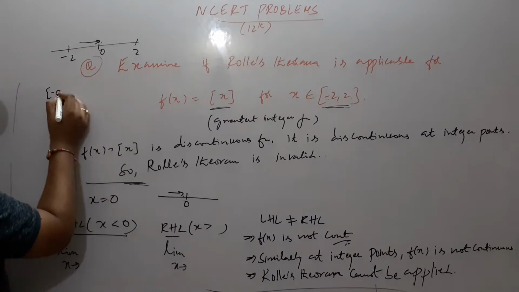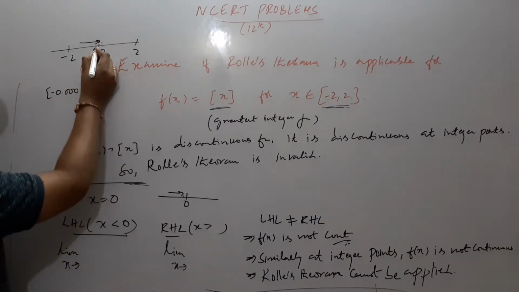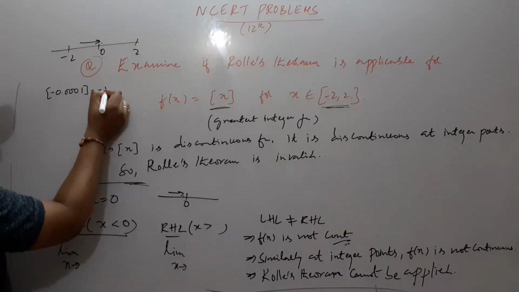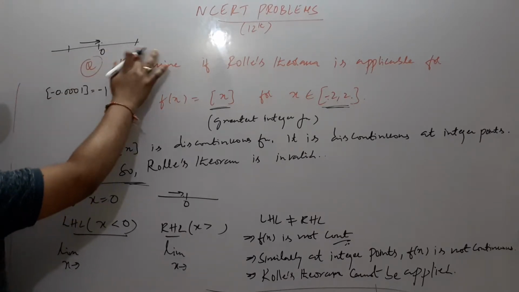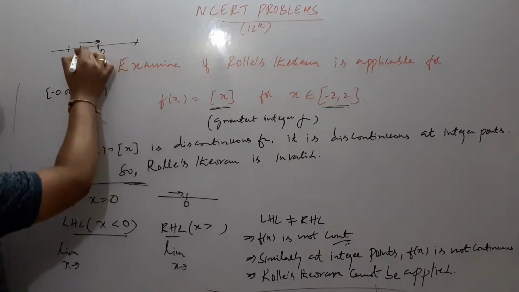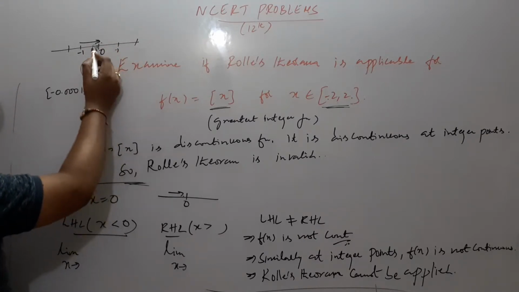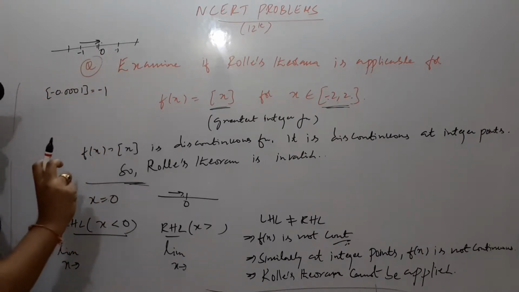Minus 0.0001, so it is almost touching 0. What is the greatest integer value here? It is -1, right? So this value will be -1, because what does the greatest integer suggest? The greatest integer suggests the integer value less than the x value. That is the meaning of the greatest integer function.